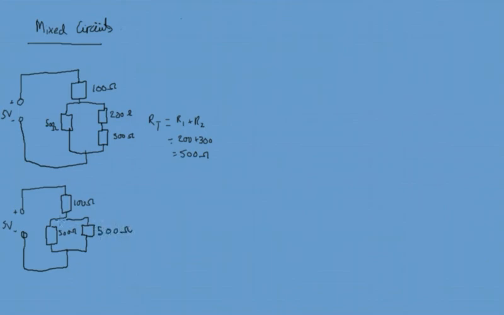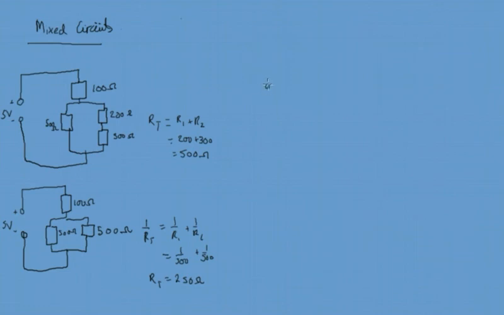The next step is to deal with the whole parallel part of the circuit. Our total resistance for the part that's in parallel will be 1 over R equals 1 over 500 plus 1 over 500, which, working it all out, gives a resistance of 250 ohms.